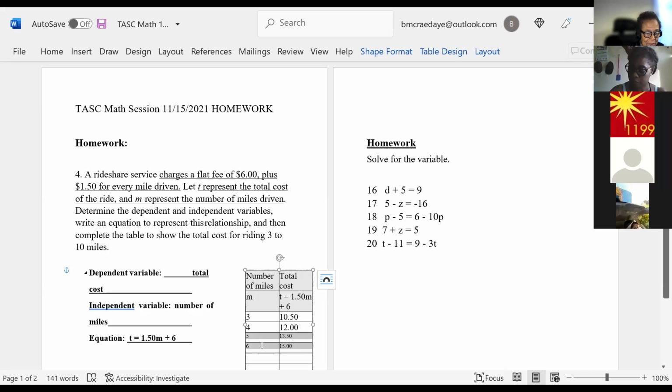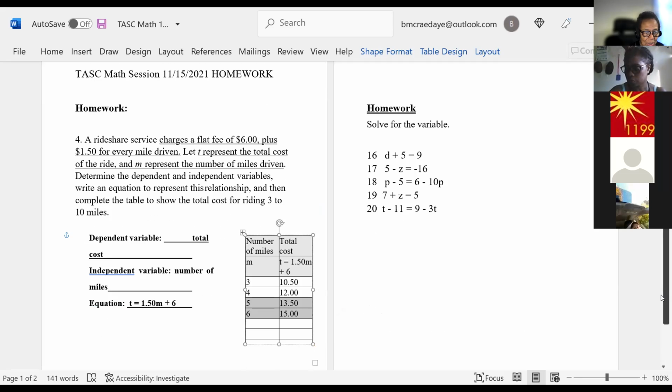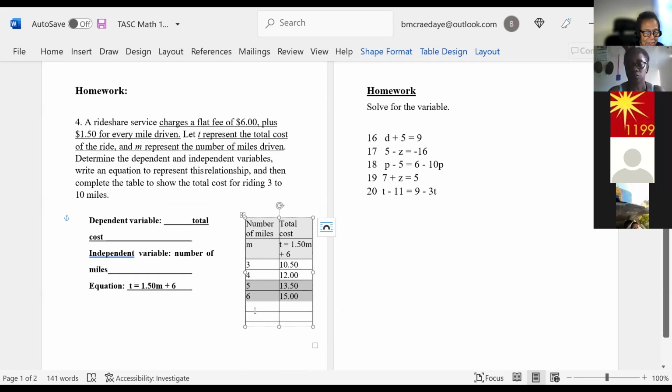Okay, so you can finish filling out your table. Let's scroll down. When we go to 7 miles, what would that be, Maureen? 7 miles will be $16.50. That's it. Just add $1.50 each time.